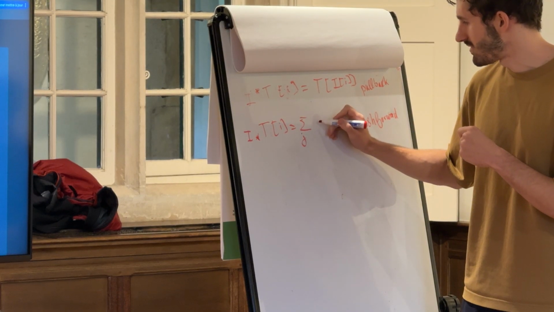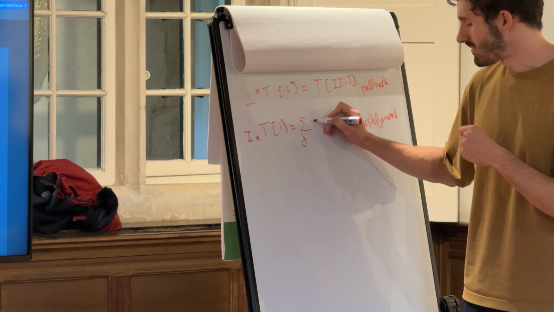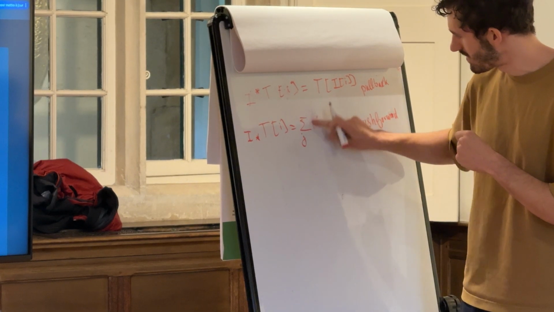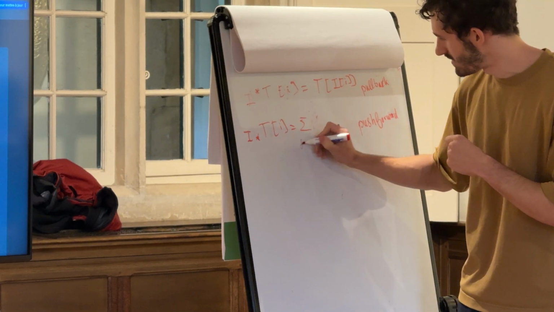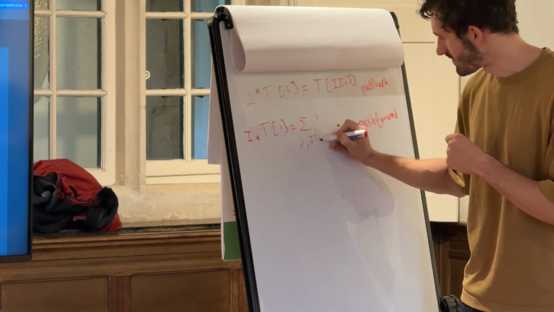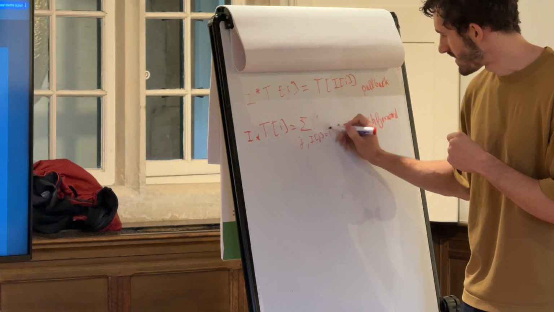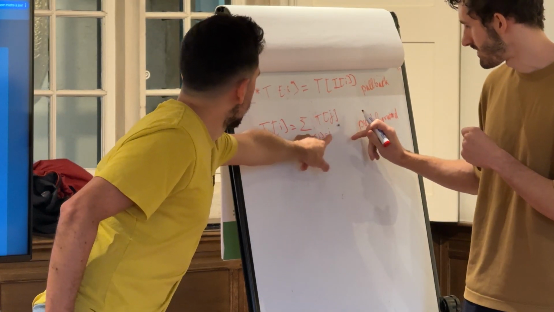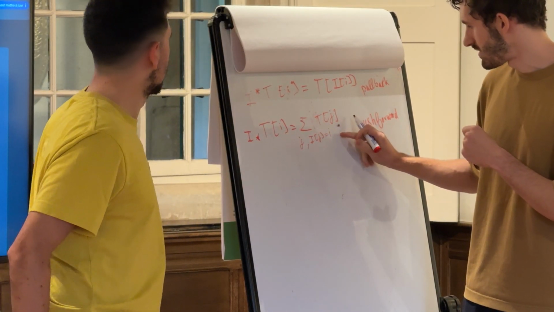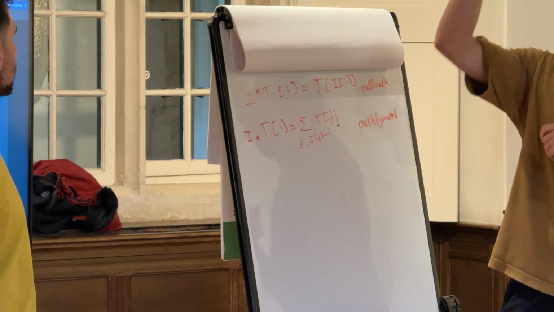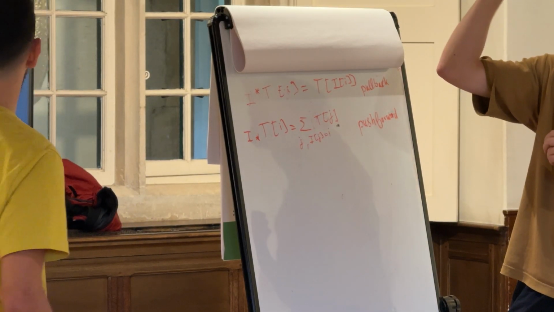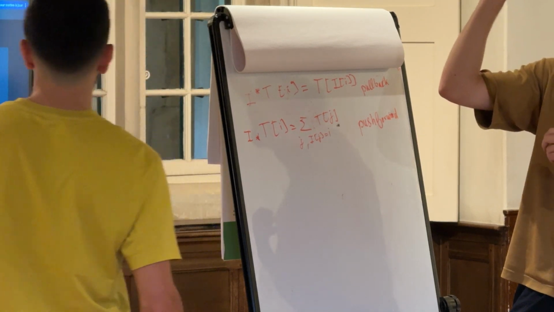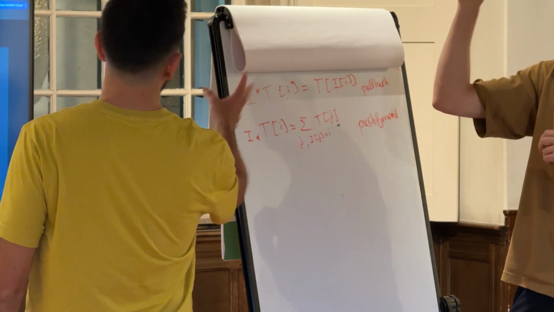So I take the sum on E and take the sum on the G such that E of G equals I, and then I take E equal J. Sorry, in the index, I sum, I take all the. I know you inverse it and you said, yeah, this is okay.